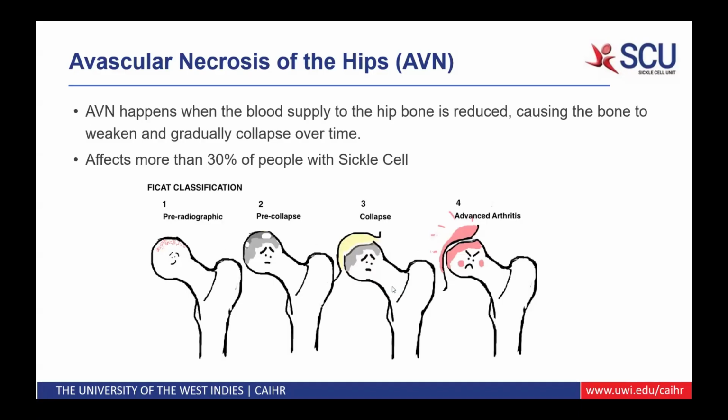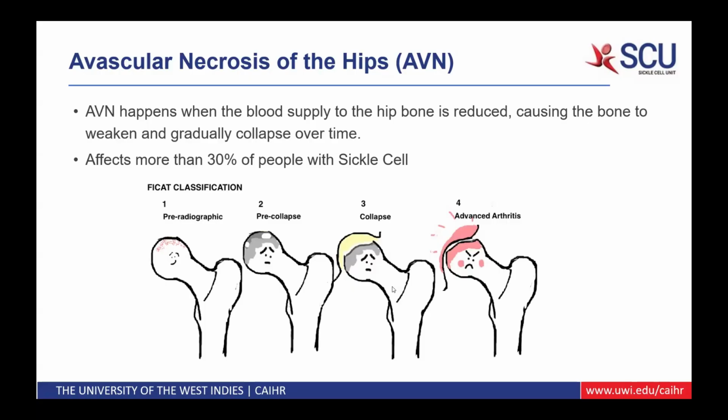Before we even see changes on the X-ray, there can be changes happening. Over time, the blood supply becomes compromised and you start to get some of the changes. And then eventually, the head, this is number 3 that I'm showing on that classification, the roundness of the top of your thigh bone, your femur, you'll notice that the head has kind of lost its round shape.